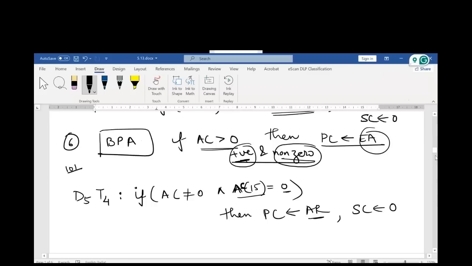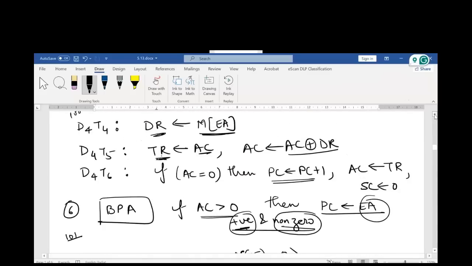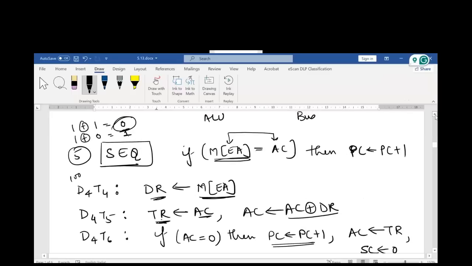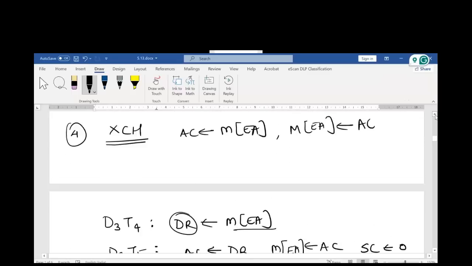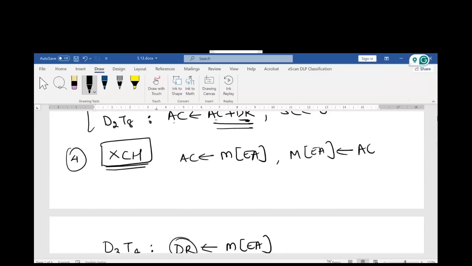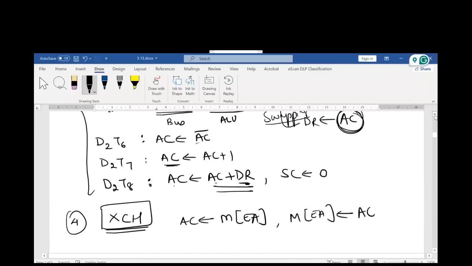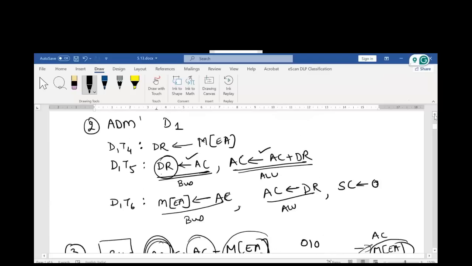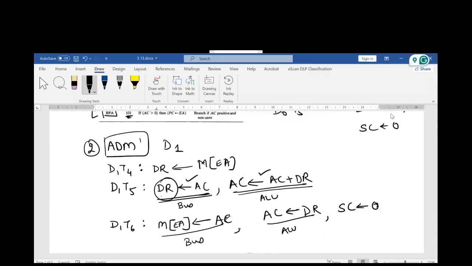Okay, so now these are the 6 different instructions other than the 7 memory reference instructions that you studied. You were asked to change the memory reference instruction, and we wrote the respective register transfer statements required for execution of these instructions.